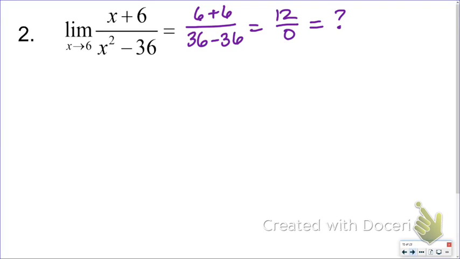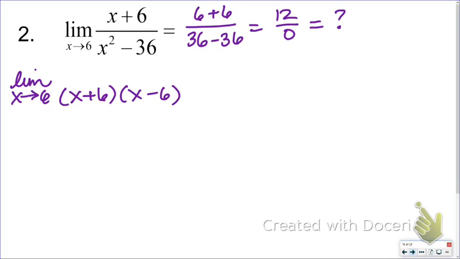So now I'm going to look for other ways to solve this. Again, first I'll try something algebraic. Again, I can factor this. I get the limit as x approaches 6 of x plus 6 over the bottom, which is a difference of squares, so it factors into conjugates, x plus 6 times x minus 6.